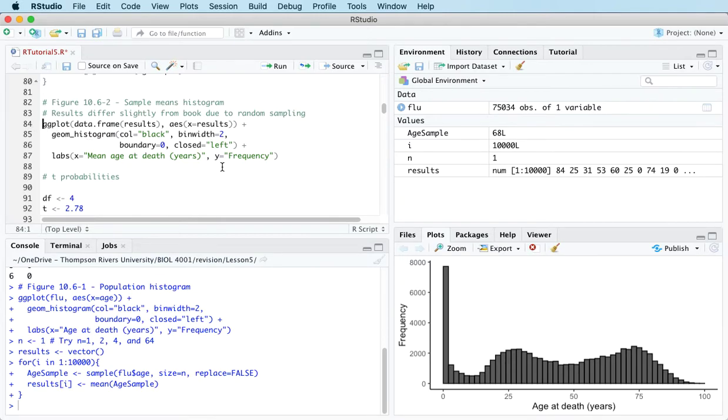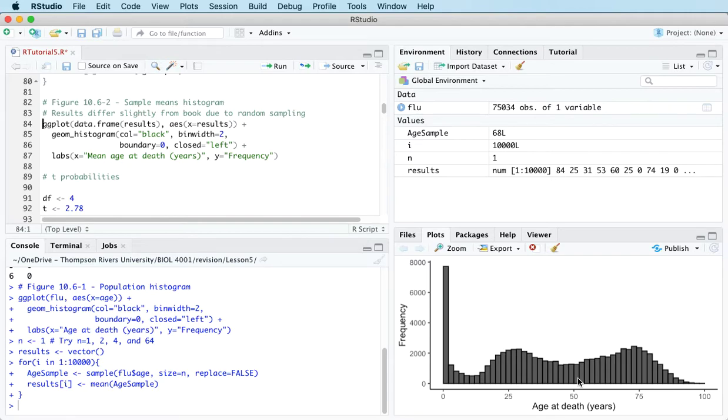See if you can guess what the histogram is going to look like for this sample. Just think for a second what we're doing. We're taking one of these observations, recording its age, and then we're repeating that process 10,000 times. What I'm going to do now is create a histogram of those sample ages.